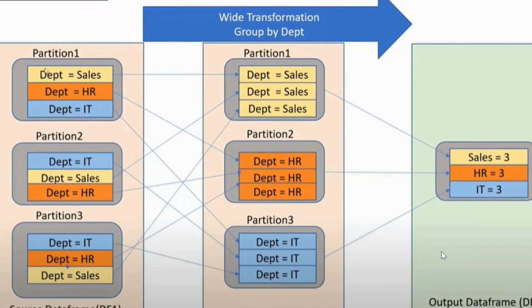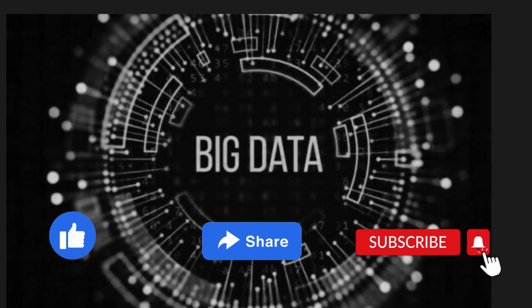Once you get it in one partition, one executor, then you can count how many employees are in sales department, how many employees are there in HR, and how many are in IT. Then once I get the count of each, I will push that count to my output data frame to my driver, and it will display me the result. So in this case, a shuffling of data is needed, and then I will get the count of the data.